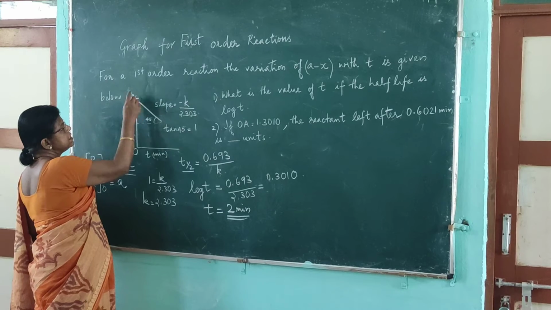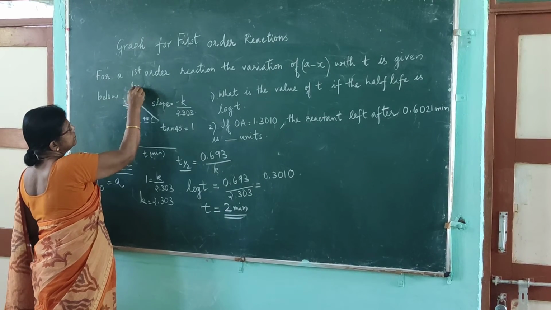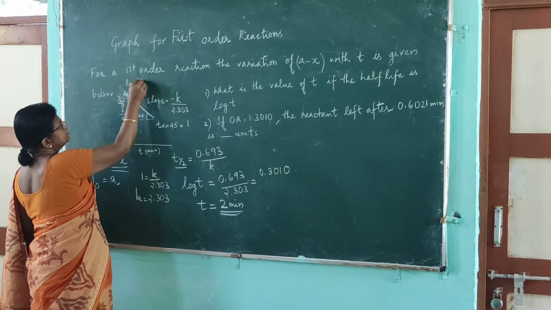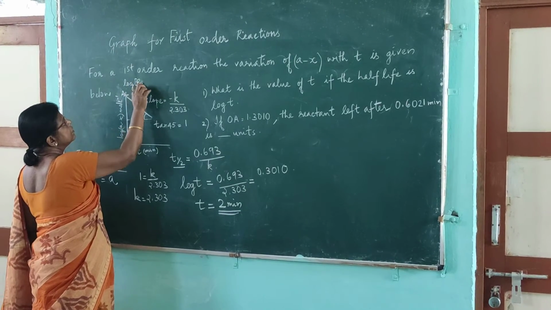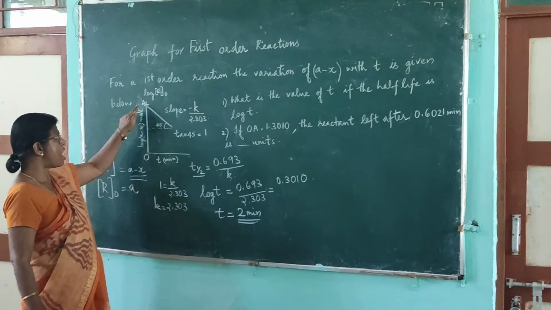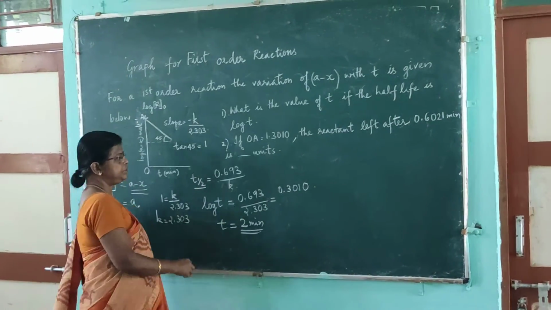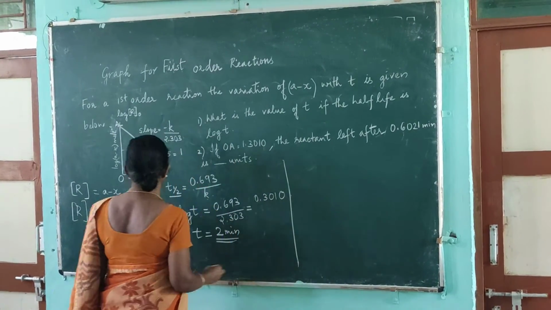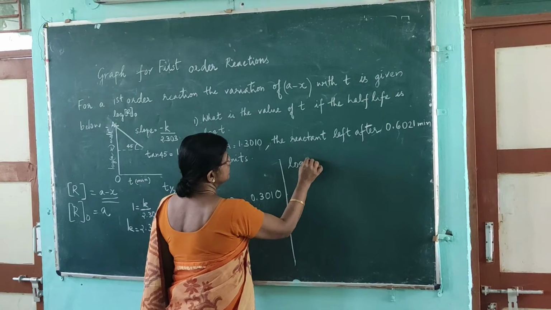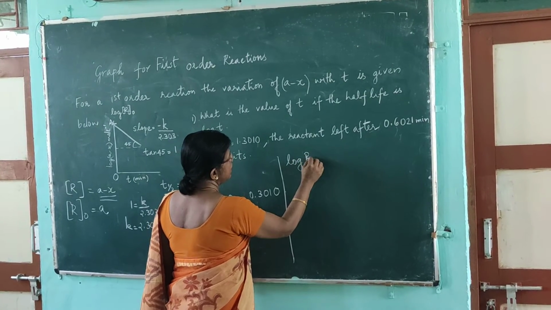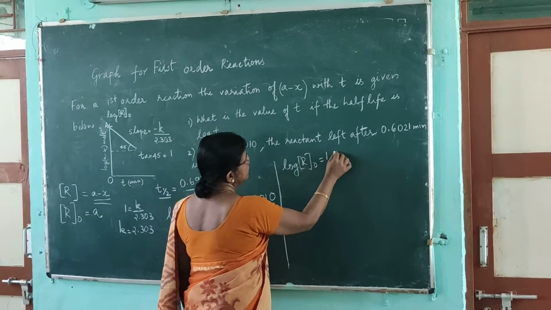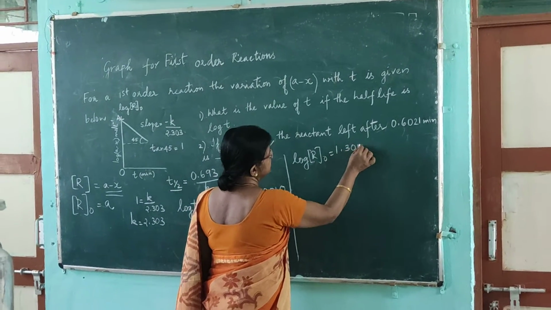It is log r naught. That means log r naught is 1.3010.